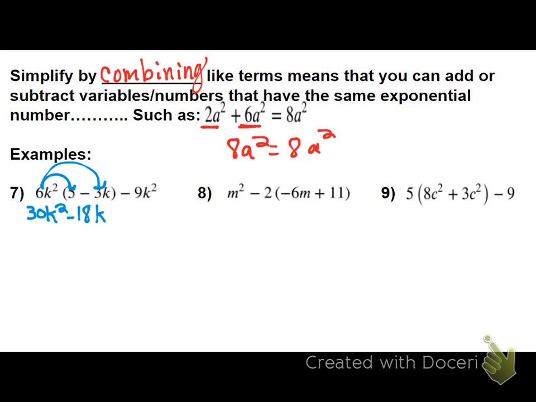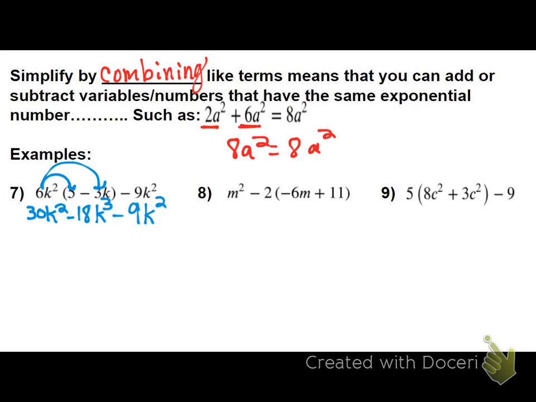Now I have 2 k's here, and I have 1 more k here. So how many k's am I going to have altogether? 3. So it's going to be to the third. Okay? And then I bring down my minus 9k squared. So after I distribute, I look to see if I have any like terms.